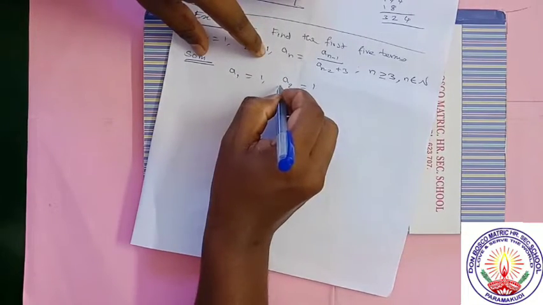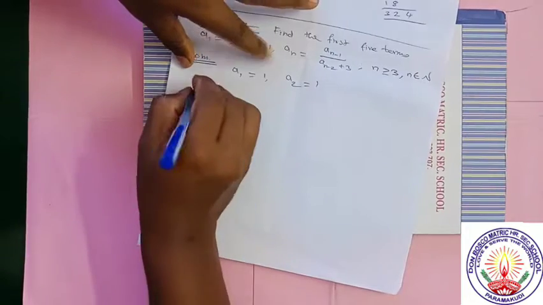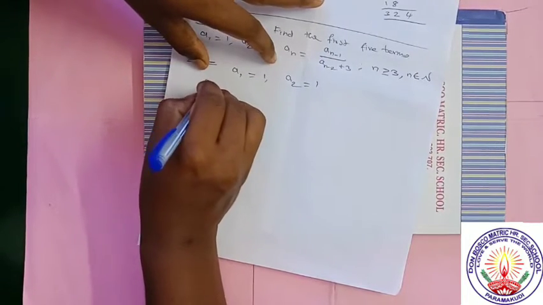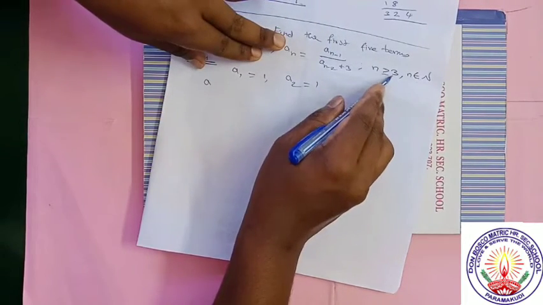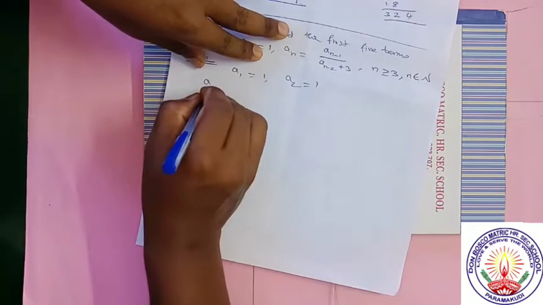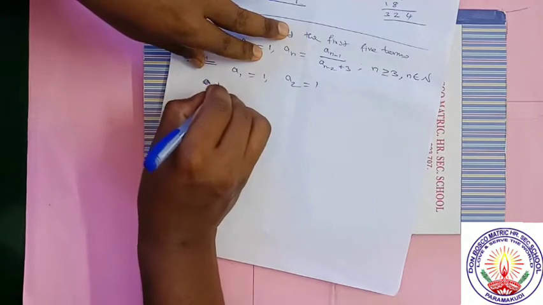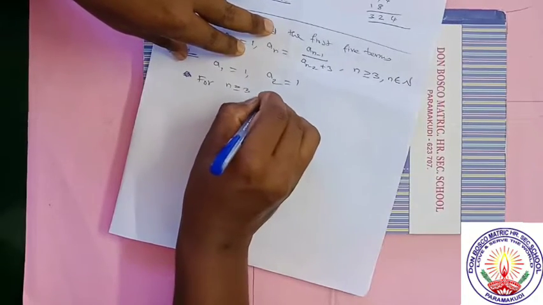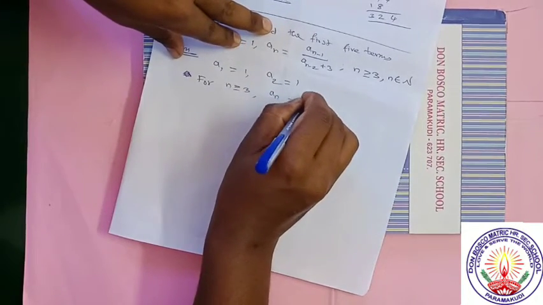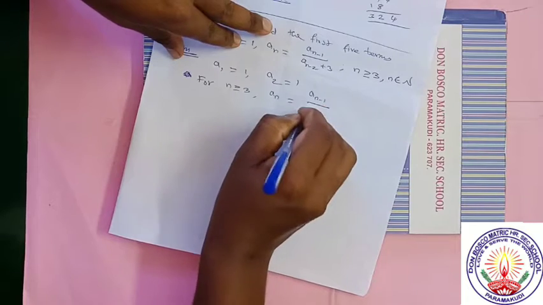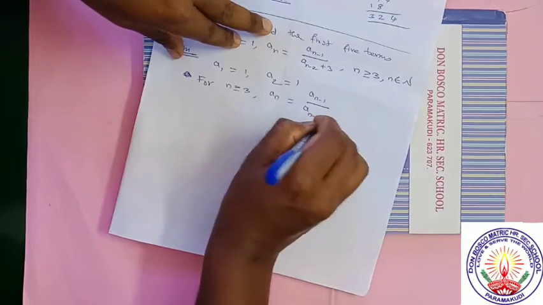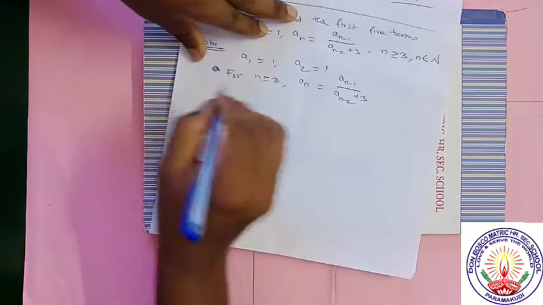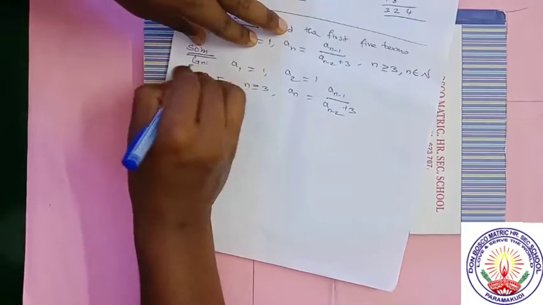First term, second term. We have to find the remaining 3 terms. And also, for n greater than or equal to 3, an is equal to an minus 1 by an minus 2 plus 3. So these are all the given informations.